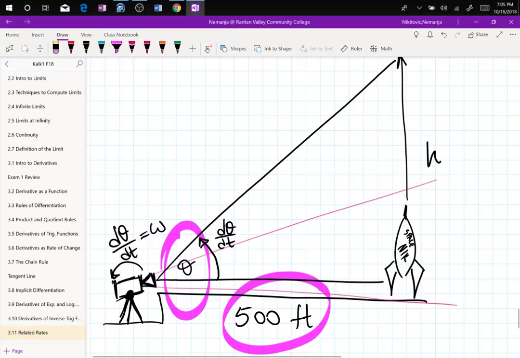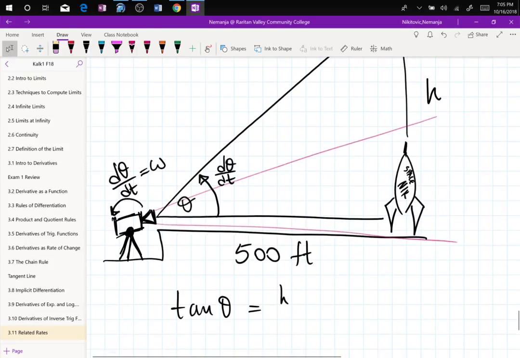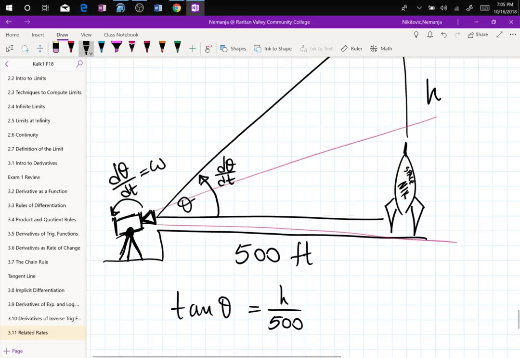Trigonometry, very good. Now, which trigonometric function should I use out of 6 of them if I have opposite, adjacent, and the angle? Tangent, very good. So tangent theta is opposite, which is the height, divided by 500, which is the adjacent.